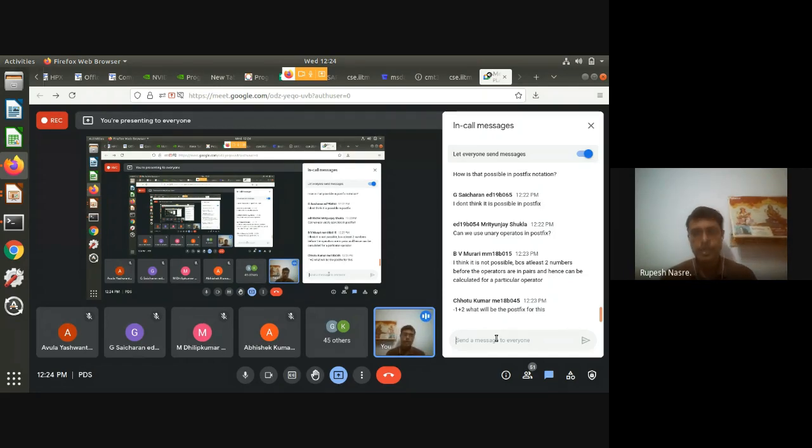Okay, but coming back to this, if you have plus, then in the postfix form both the operands have to be appearing before that plus in the expression. And if you do not have enough operands, that means that the expression is invalid. But then what is possible is that maybe one of the operands is present, but the other one is an operator.